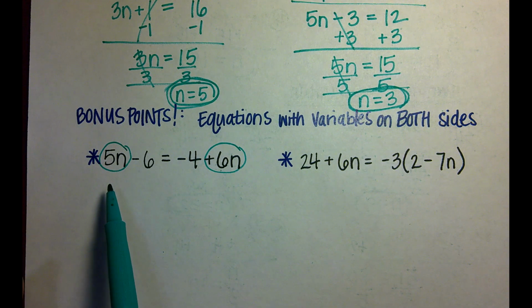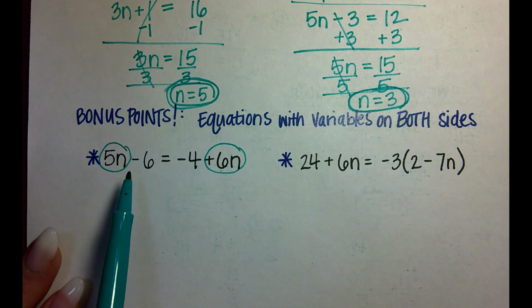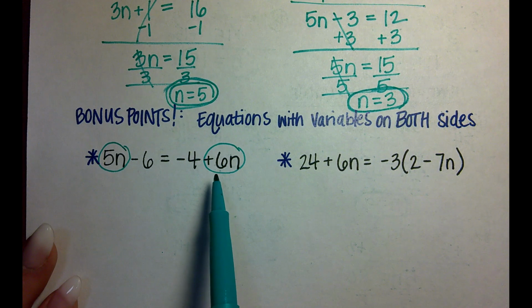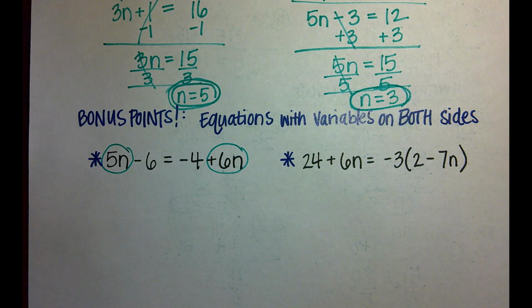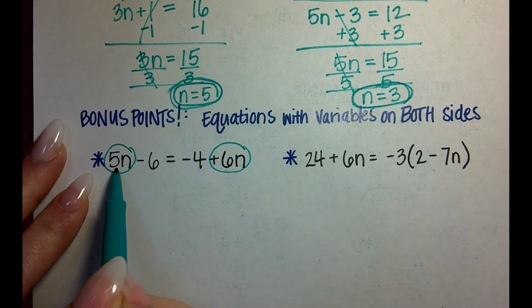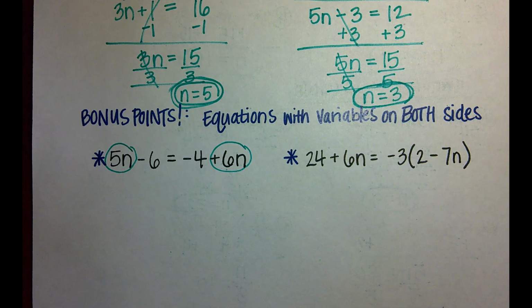So I have two options. I could do minus 5n on both sides, or I could do minus 6n on both sides. Let's do minus 5n. Sometimes it's better to take away the smaller number so that you don't end up with a negative n.